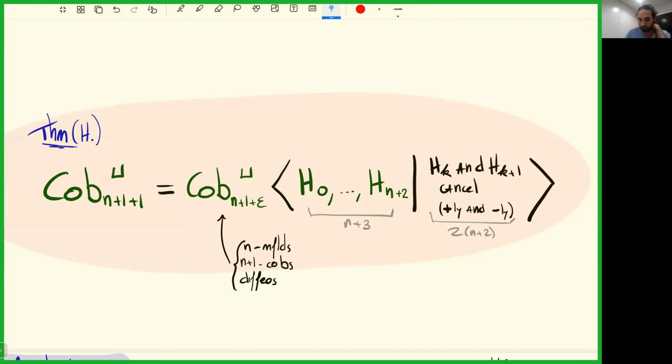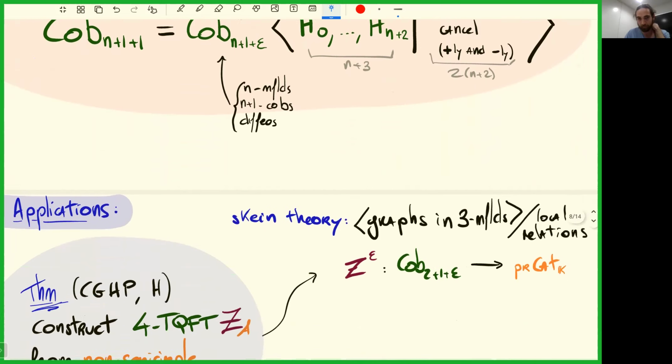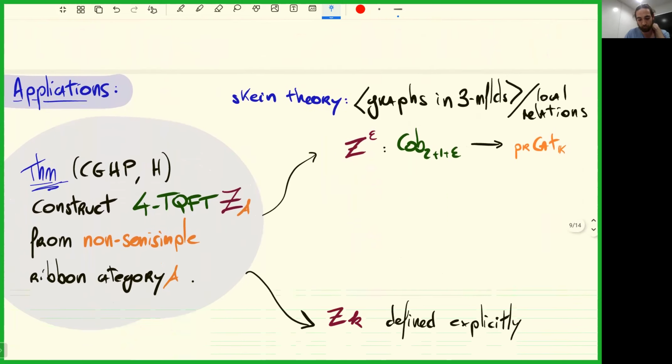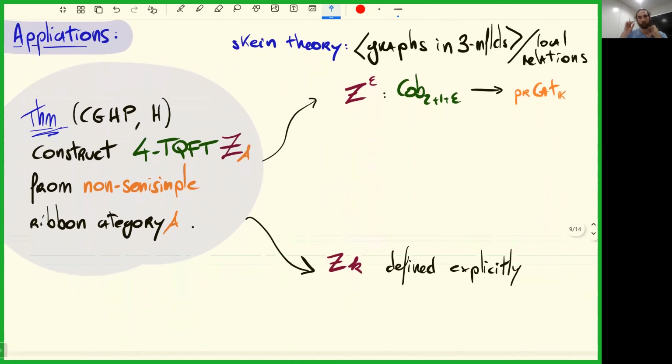And so if you're happy with this, I can maybe tell you a little bit about applications of this result. So somehow, how are we going to use this to actually build TQFTs? The point here is that it is not too hard to build these series that are only in dimension n+1.